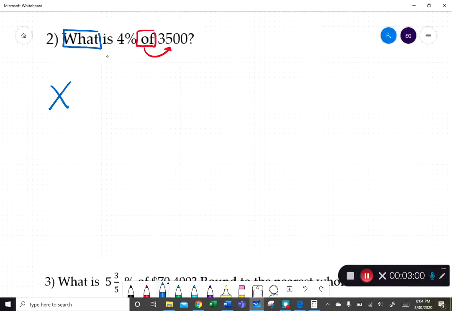So what is, remember is means equals, 4%, remember 4% is 4 out of 100, and if you put 4 over 100 into the calculator, or 4 divided by 100, you get 0.04.